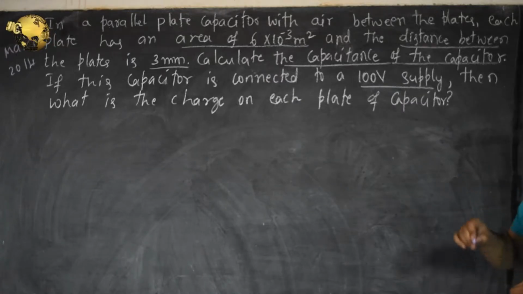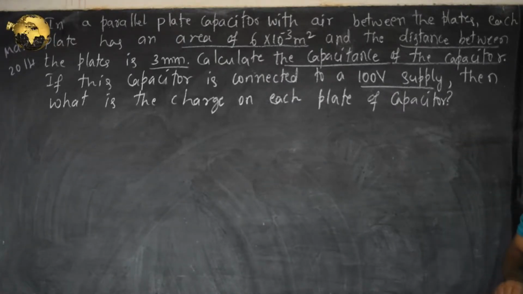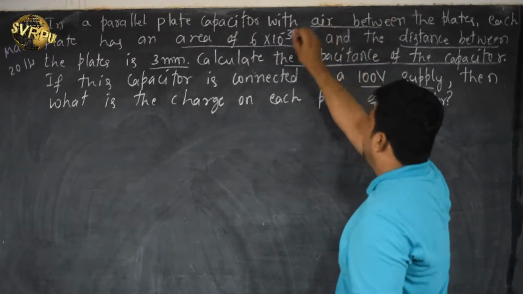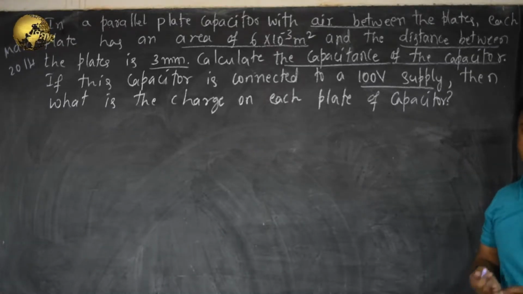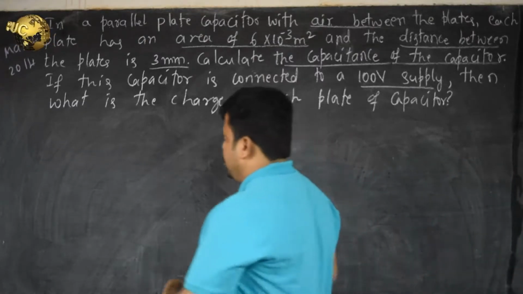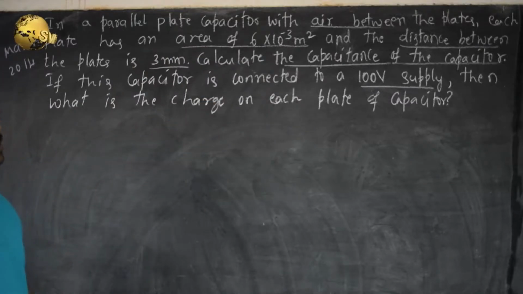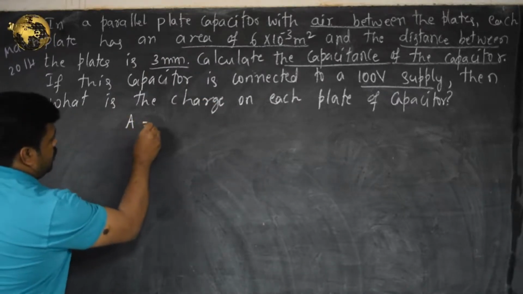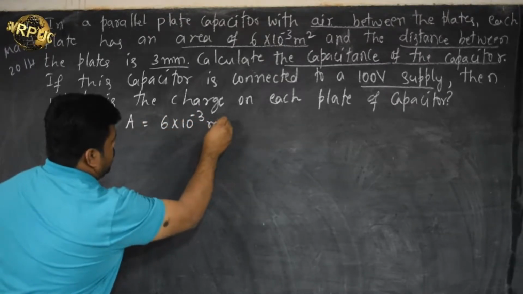So first, let's calculate the capacitance of the parallel plate capacitor, and here it says specifically air between the plates. So the dielectric constant for air is equal to 1. Let's collect the data. Area is 6 into 10 to the power minus 3 meter square.